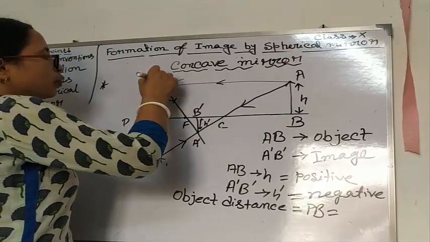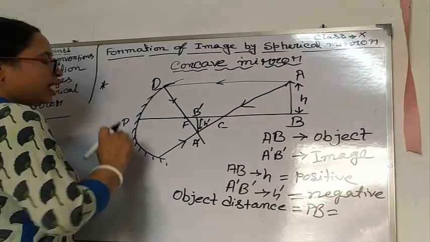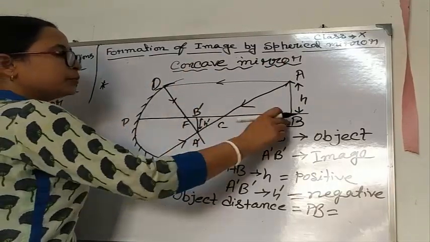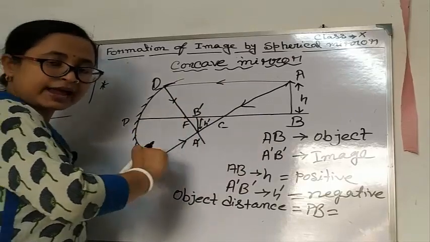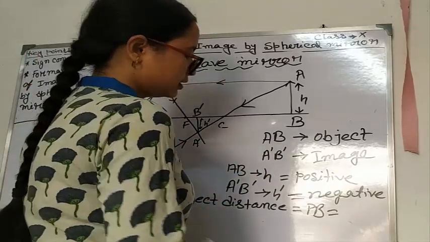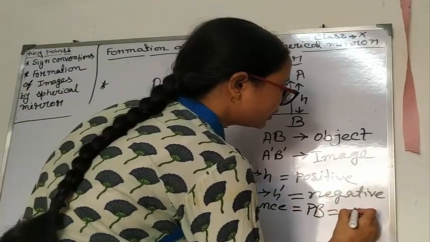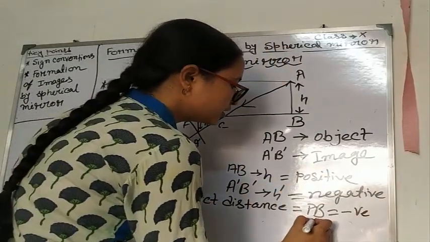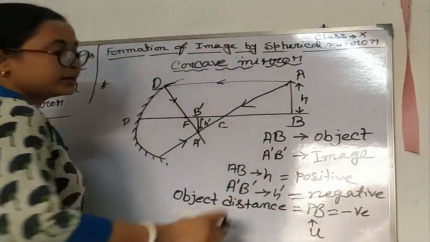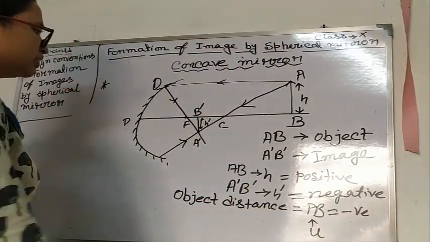Suppose this is O, the AO direction, and the distance is measured as PB. That means they are opposite to each other. The direction is opposite to each other. So it will be negative as per the sign convention. And object distance is represented by U.